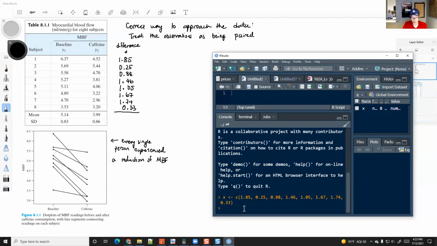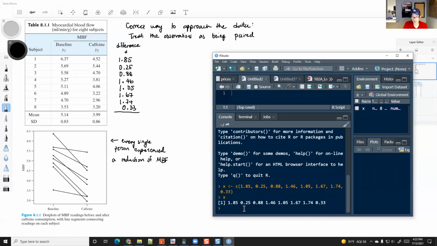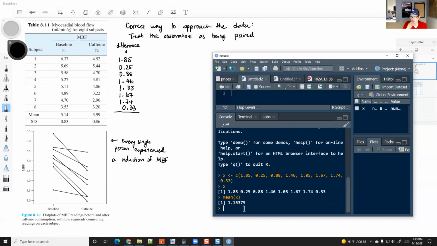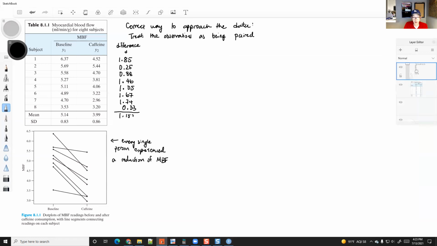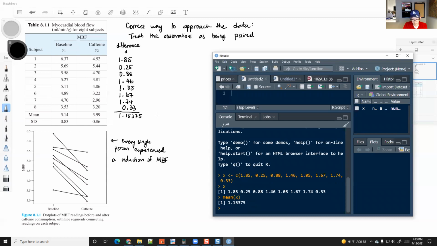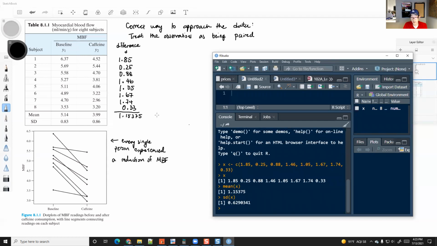Okay. So we can ask for the mean of x, and we get 1.15375. And then we can ask for the standard deviation of x, 0.629.